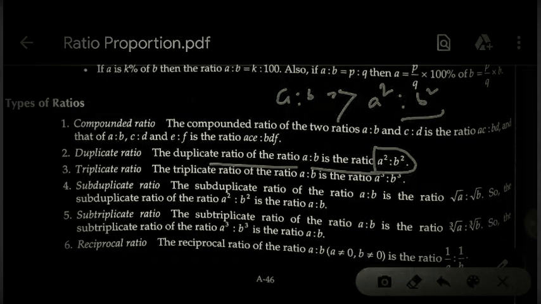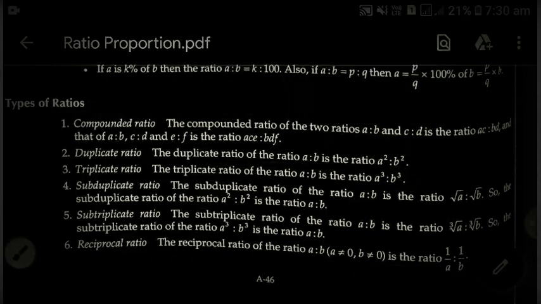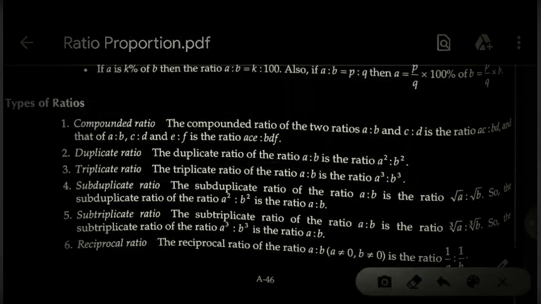And there is a triplicate ratio. Triplicate ratio is nothing but increasing the index to 3, that is a cube is to b cube. This is the triplicate ratio. And now the subduplicate ratio. Subduplicate ratio means a is to b becomes root a is to root b.